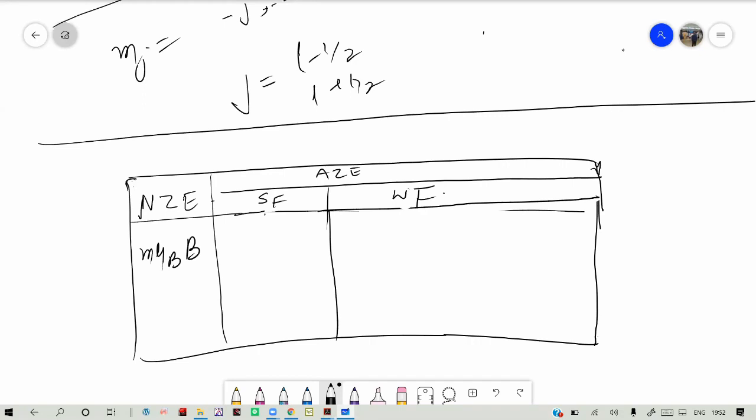And in this strong field case, this was μ_B B times (M_L + 2M_S). And here we have B μ_B g_J M_J, where g_J has different values.